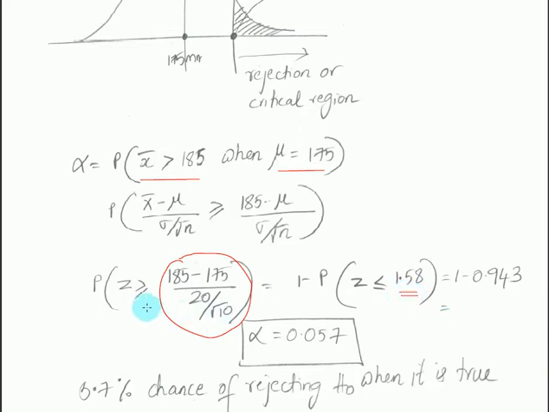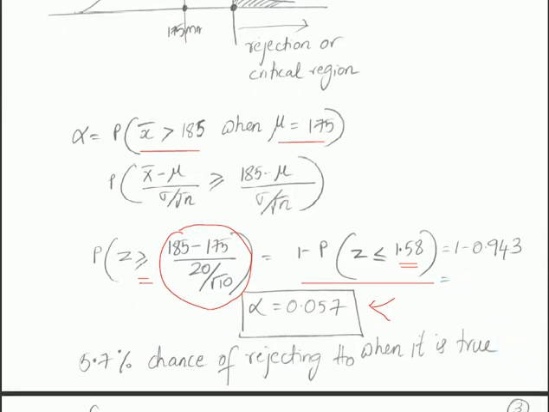Instead of finding the probability that z is greater than 1.58, you can also do 1 minus the probability that z is less than 1.58, and that happens to be 0.057. In other words, we have a 5.7% chance of rejecting the null hypothesis when it is in fact true.